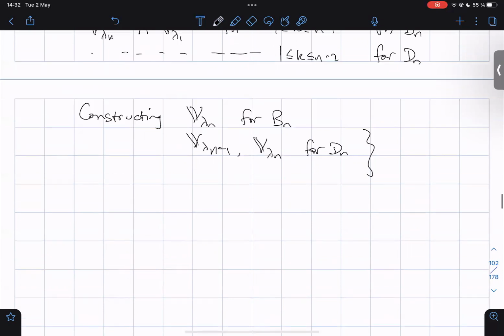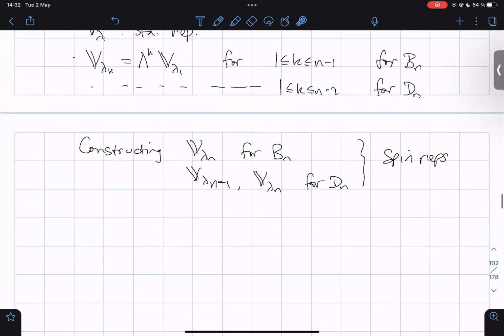These are the so-called spin reps. It involves doing quite a large detour, talking about Clifford algebras and what the spin group is, and how you construct these spin representations out of there. Quite a nice, beautiful story, but not to be done quickly.